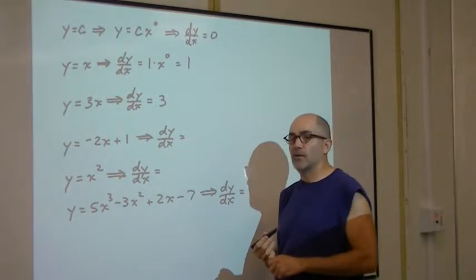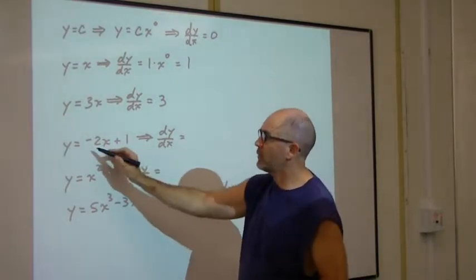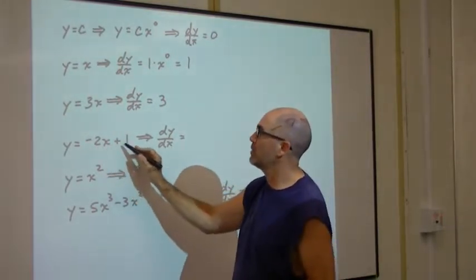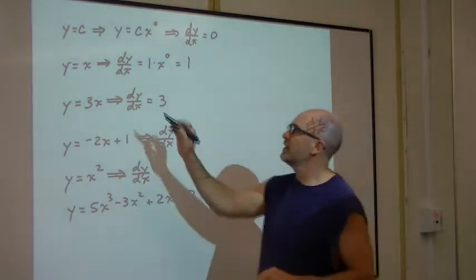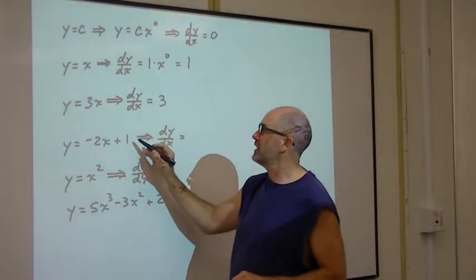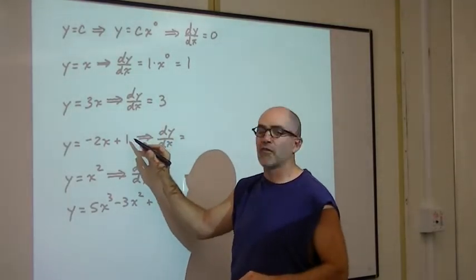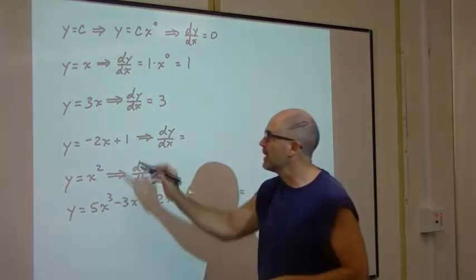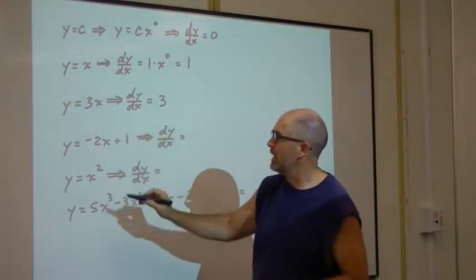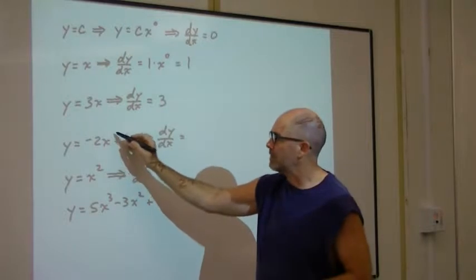All right, now, what about y equals negative 2x plus 1? Well, remember, we found out that the derivative of a constant is 0. So the derivative of 1 is just 0. So what's the derivative of negative 2x? Well, you take your 1, multiply it by negative 2, and then drop the exponent by 1.